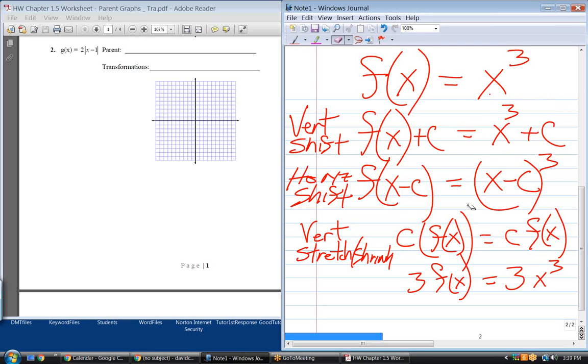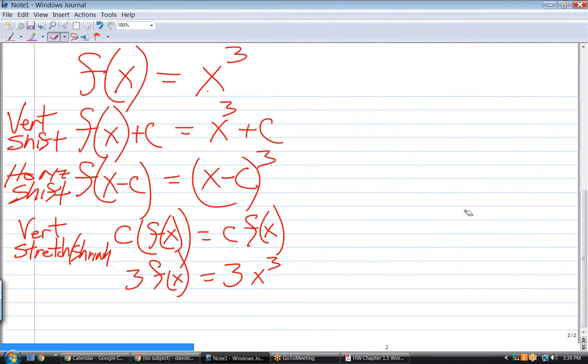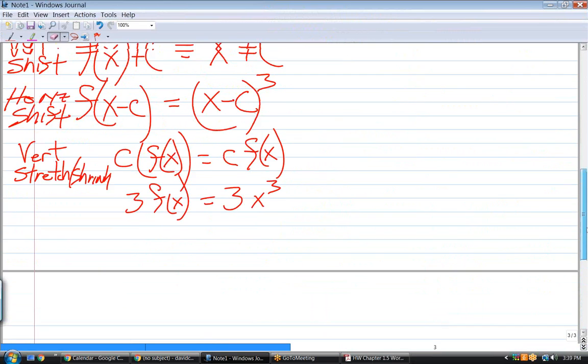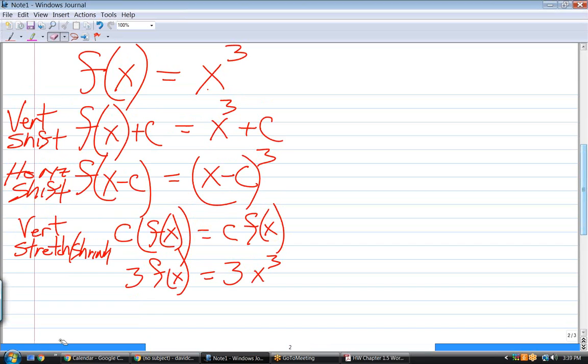So that's why it's important that I go through this. Now let me finish it, because there's only a few more things you can do, and then we'll talk about each situation. The other thing is a horizontal stretch. And remember, stretches and shrinks change the shape of the curve.